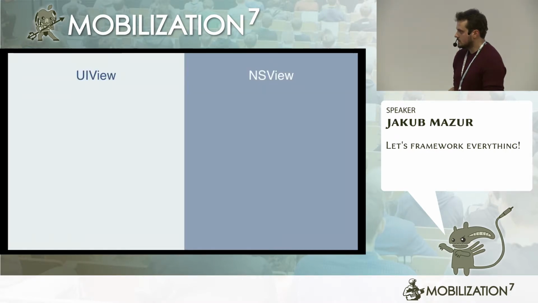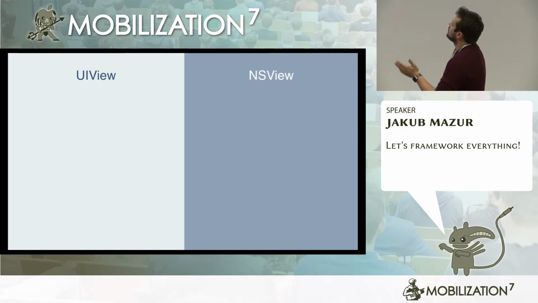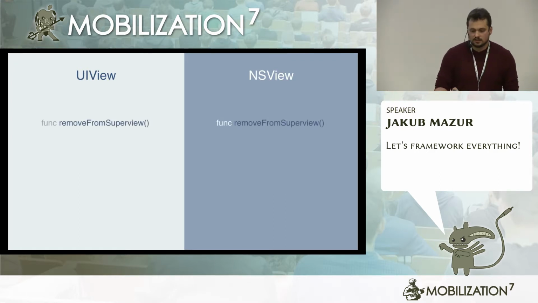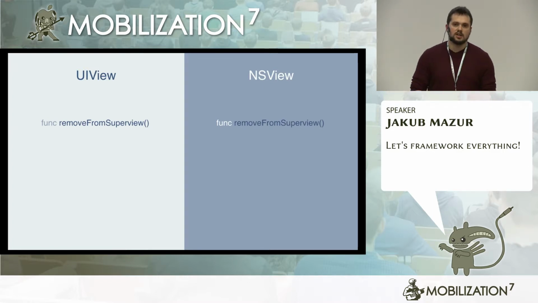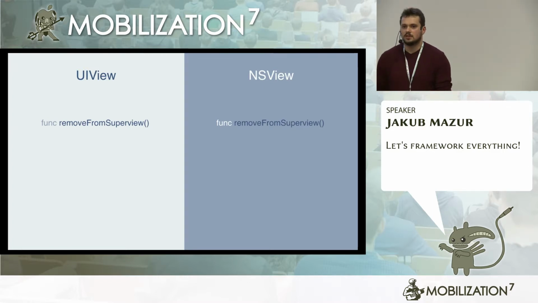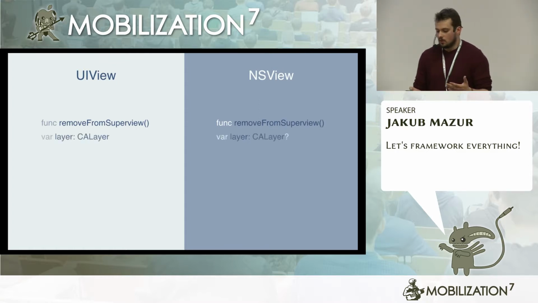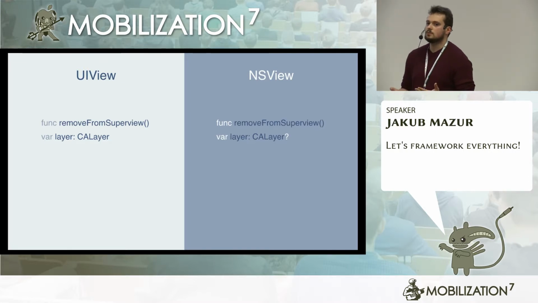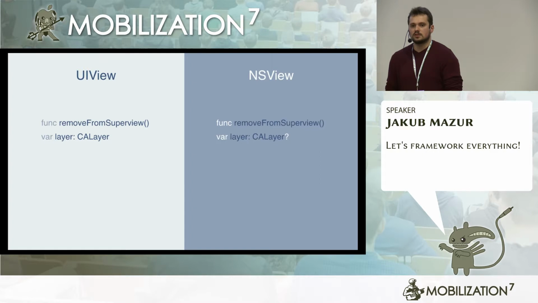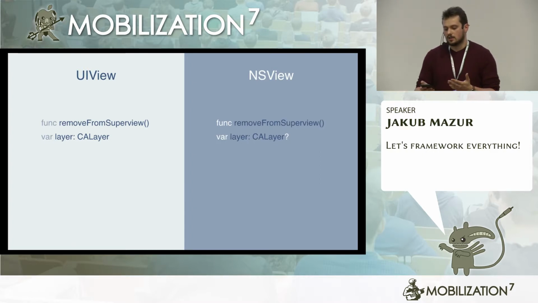And let's see how it works on the methods. On the right side is UIView, on the left side is NSView, and some methods are actually the same. If you call removeFromSuperview, it will get removed from the superview, of course, and there is no difference between UIView and NSView. When you have layer, in one case it can be optional from NSView, and it's not optional from UIView.